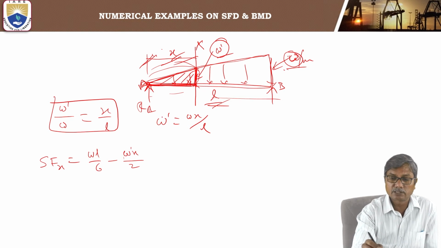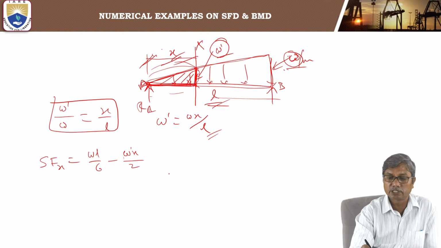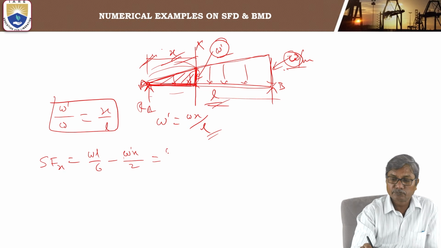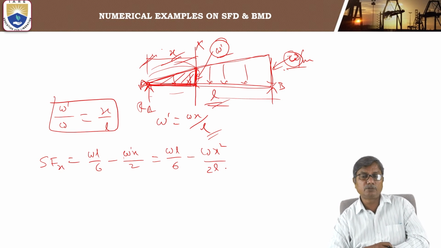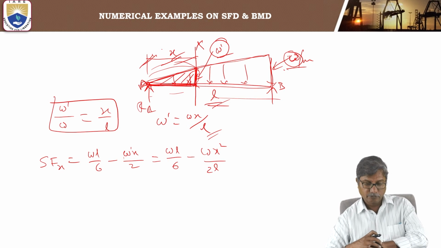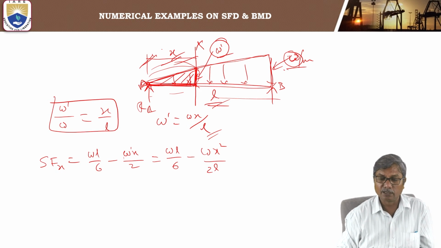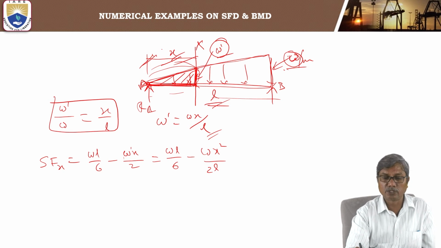What is W dash? W dash is Wx by L. So shear force is WL by 6 minus Wx square by 2L, replacing W dash by Wx by L.